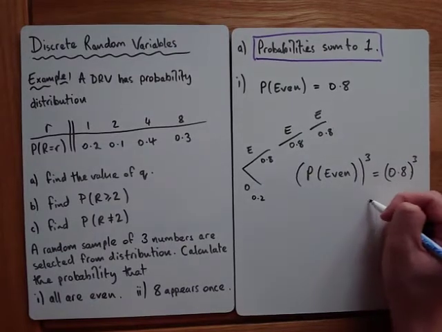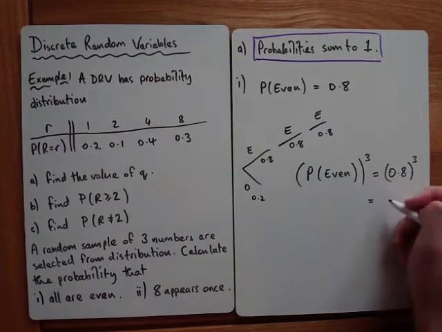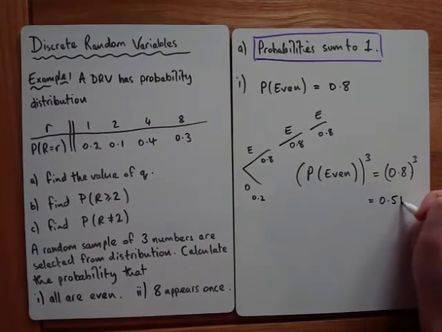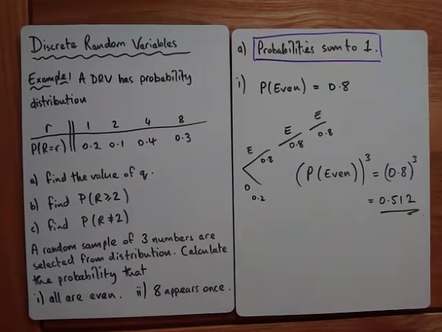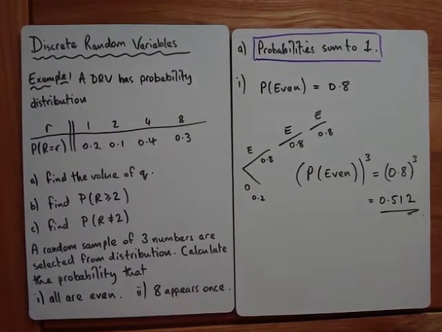So that would be 0.8 cubed, and that would give us 0.512. There's a good chance, just over a 50% chance. And I think about it, that's because the probability of it landing on an even is quite high, isn't it? So the chance that happens 3 times in a row, it's fairly likely.